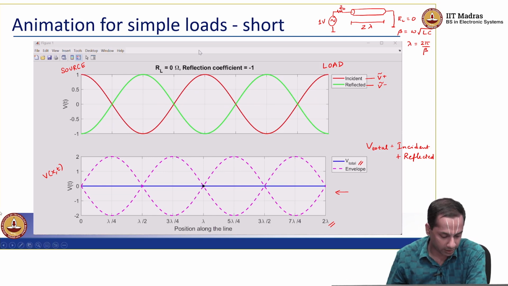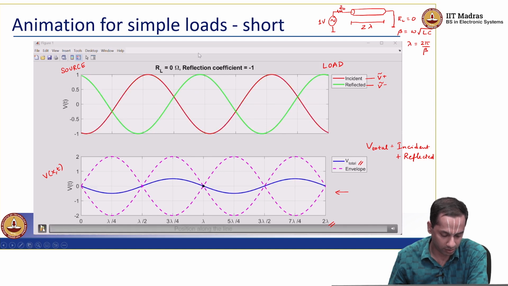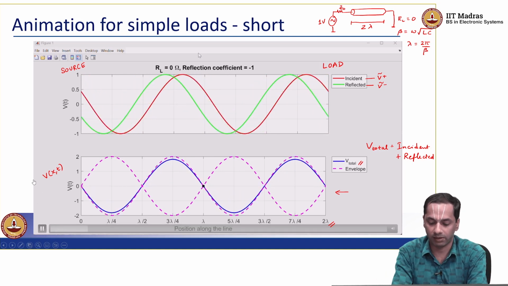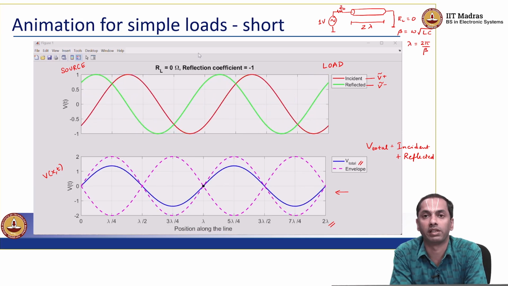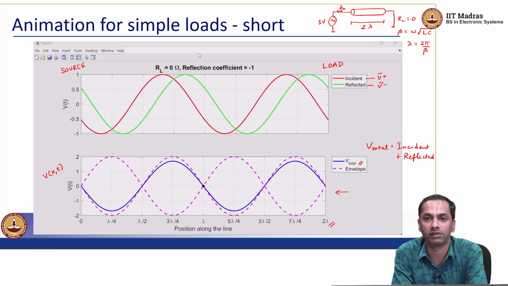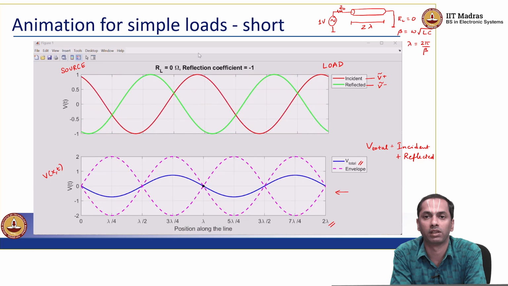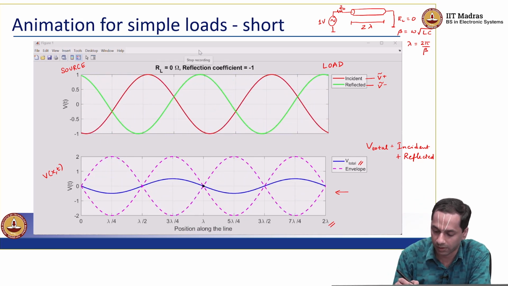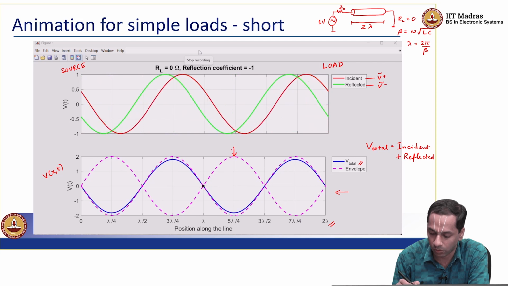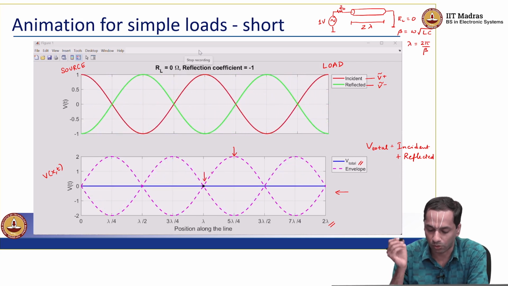And looking at the net voltage, you can notice that there are points along the transmission line where there is no oscillation in voltage or current. These are what we call nodes. The points where there is maximum fluctuation, we call antinodes. This is an antinode, and this is your node.